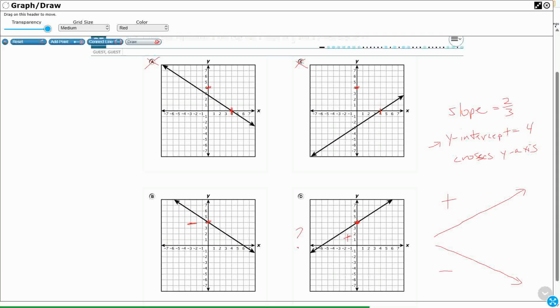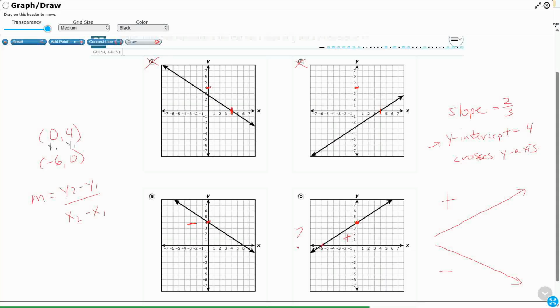Now, how do we verify? Well, let's take 2 points. I'll just take our 2 intercepts. I've got an intercept at (0, 4). I also have an intercept at (-6, 0), one for the y-axis, one for the x-axis. Let's use our slope formula, m equals y2 minus y1 over x2 minus x1. We just want to make sure that we've labeled these correctly. So let's make this x1 and y1.